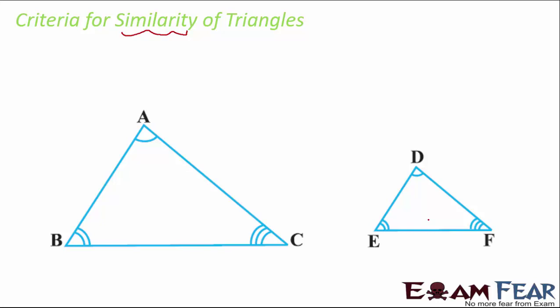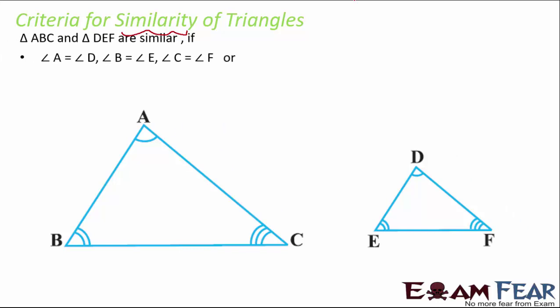So do understand that. Now some of the criteria are: two triangles are similar if all their corresponding angles are equal. For example, angle A equals angle D, angle C equals angle F, angle B equals angle E. So their corresponding angles are equal, or the ratio of their sides are equal.